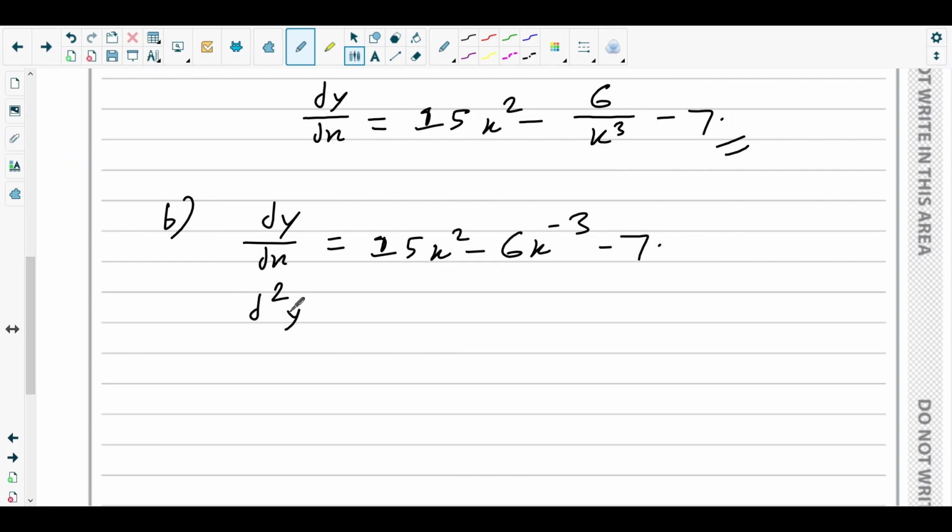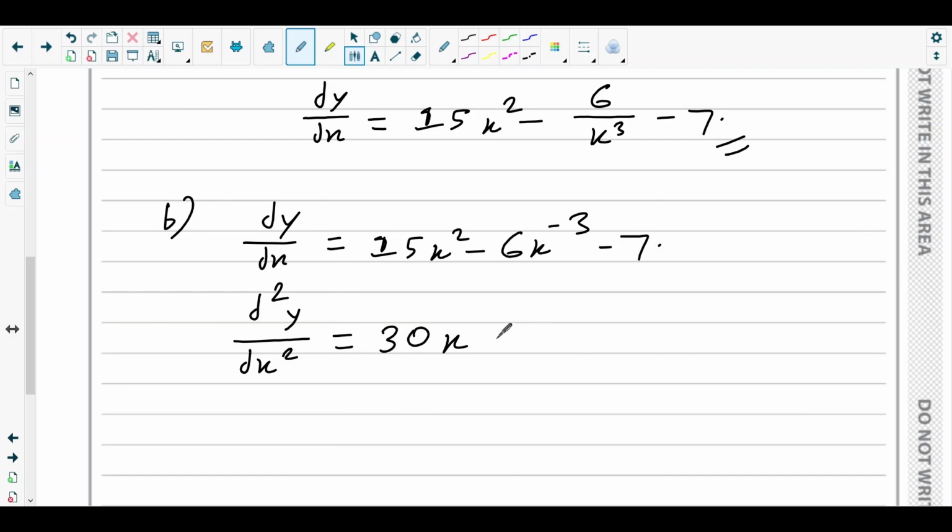So d squared y over dx squared will give you 15 times the power of x, which is 2. So 15 times 2 is 30, and x to the power 2 minus 1 gives you the power 1. Second term, the coefficient of x to the power negative 3 is negative 6, and the power of x is negative 3.